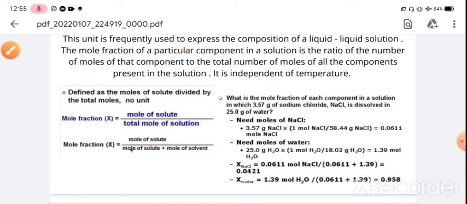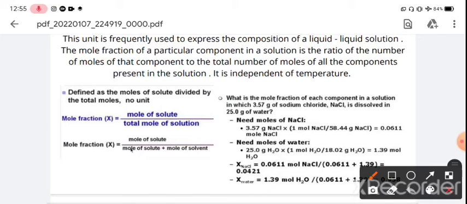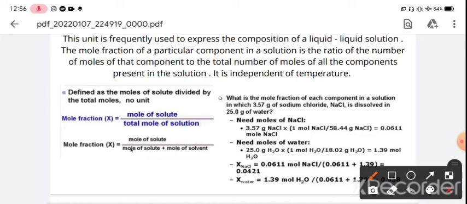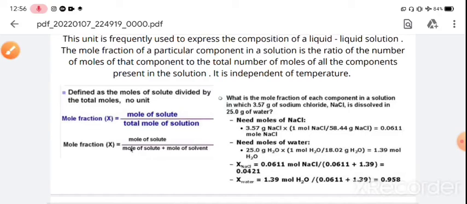So you see the difference between both of them. Okay, you can see the difference between both the quantities, that water is in a high quantity and NaCl is present in lower quantity.